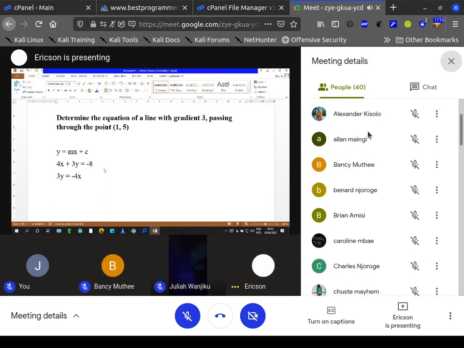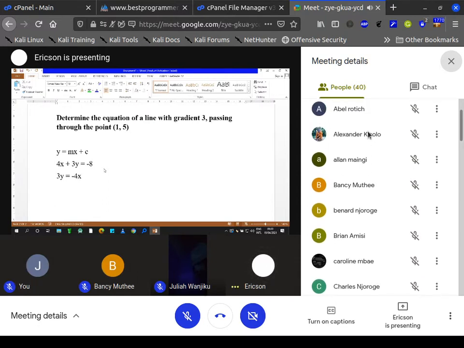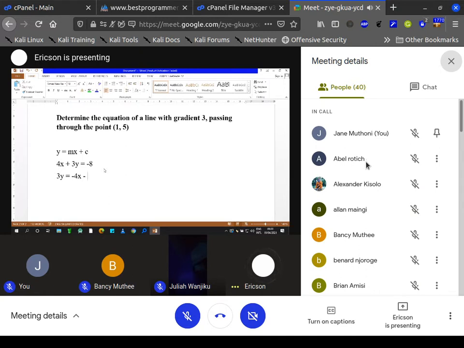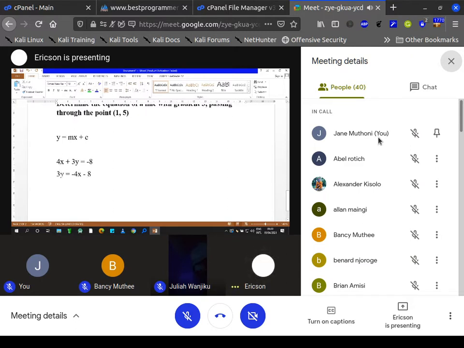This will be negative 4x, and then we have negative 8. So for this side, we have a y. We want to have a y on this side, so we divide both sides by 3.